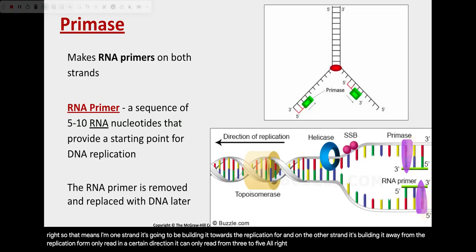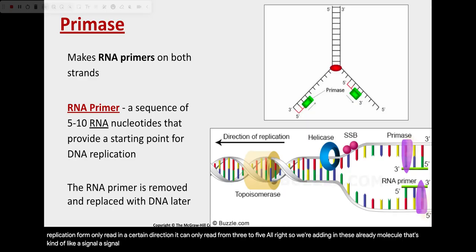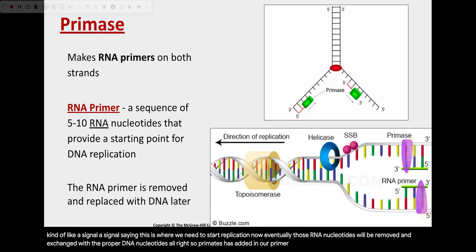All right, so we're adding in these RNA molecules as kind of like a signal saying, this is where we need to start replication. Now eventually those RNA nucleotides will be removed and exchanged with the proper DNA nucleotides. All right, so primase has added in our primer on both sides, on both strands that have been unwound.